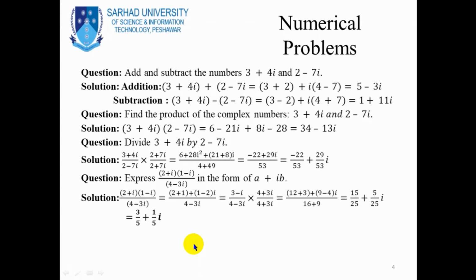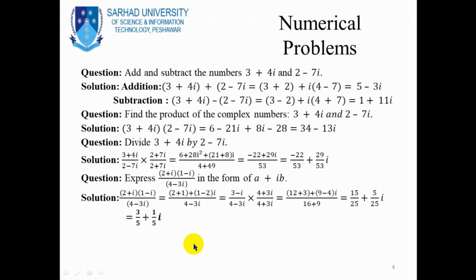One will be the real part and the other will be the imaginary part. So simplify the result and write it in the form a plus iota b, where a represents the real part and b represents the imaginary part. Now, after subtraction of these two complex numbers, we obtain 1 plus 11 iota.